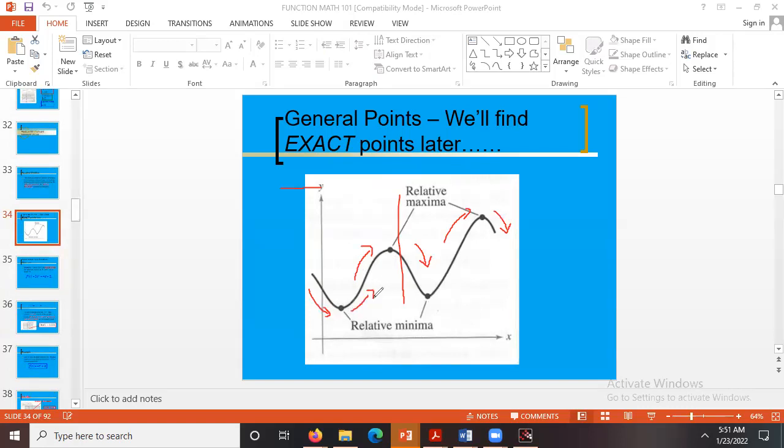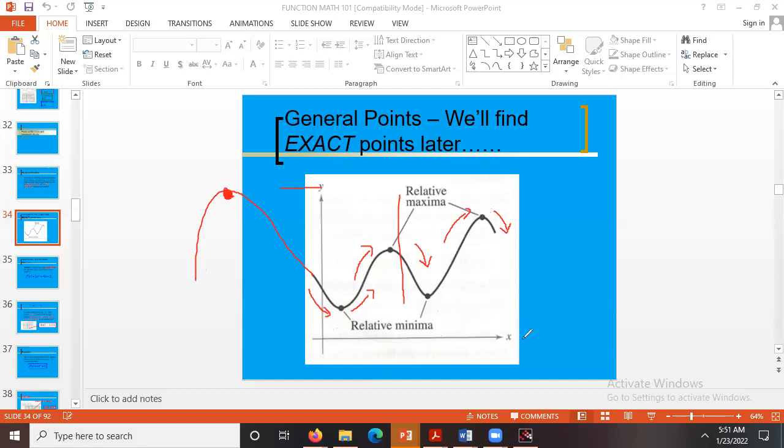Now, the reason why we don't refer to this as absolute maximum and absolute minimum is that the domain of this function has not been defined. What I mean is this function can keep going. So maybe in the next values of x, it might be like this. We can have another maxima here, which can be bigger than the maxima here.